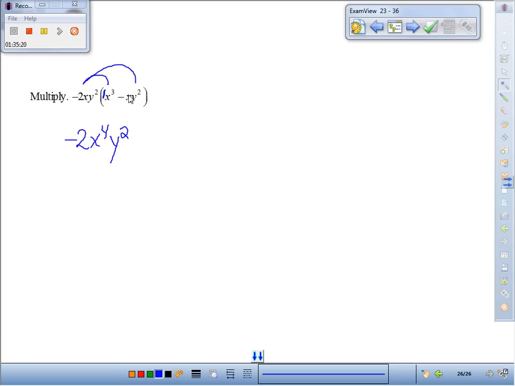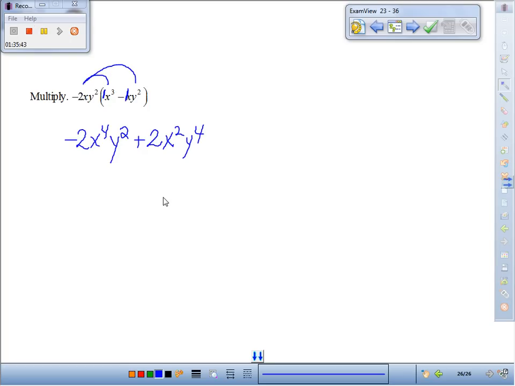Okay. Next, what is the coefficient here again? 1. So now it's a negative 1. Is that correct? Negative 2 times negative 1 is positive 2. X times x. X squared. Y squared times y squared. Y to the 4th.